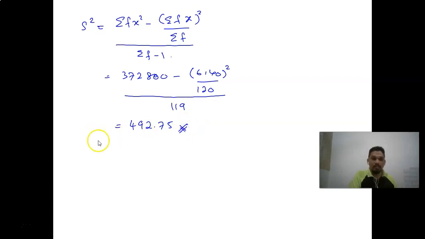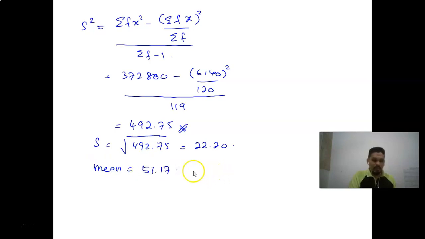And standard deviation equal to square root of variance, square root of 492.75, which is equal to 22.20. Look at it here now, where mean equal to 51.17 and standard deviation is 22.20.